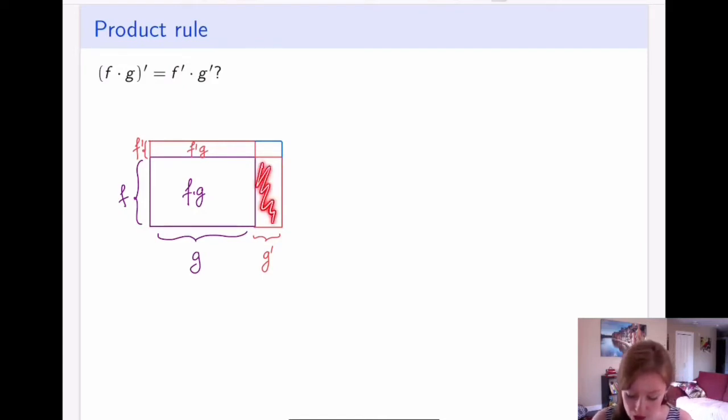And the same logic applies to this little rectangle where the width is still f, but the length now is g prime. So this one is f times g prime, whereas this little corner is f prime g prime. Now, if my changes were teeny tiny, like they're supposed to be when I'm talking about derivatives, because the limit is supposed to go to 0, in this little corner I'm multiplying a teeny tiny number by another teeny tiny number.